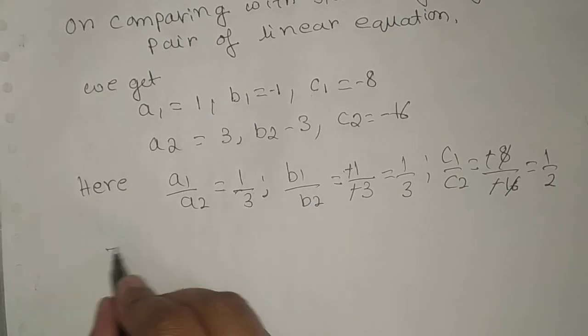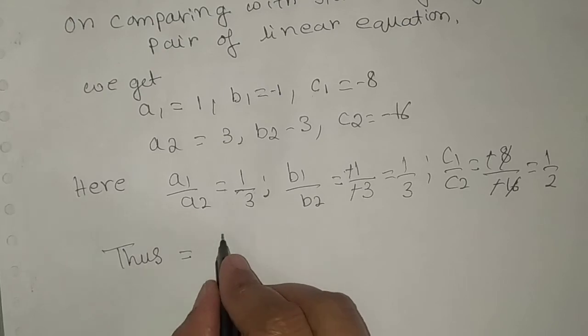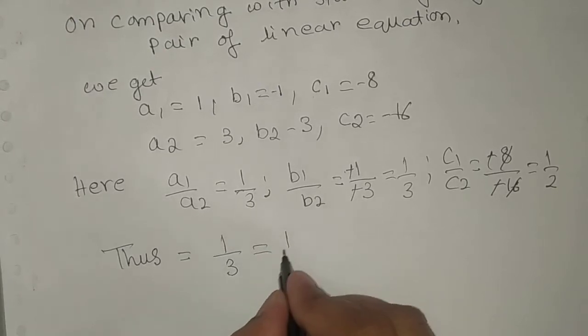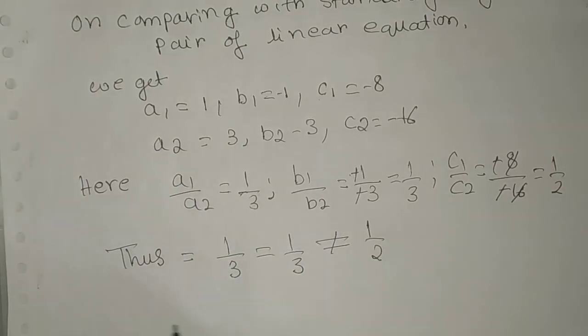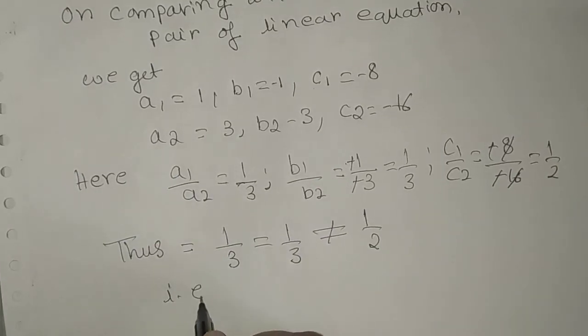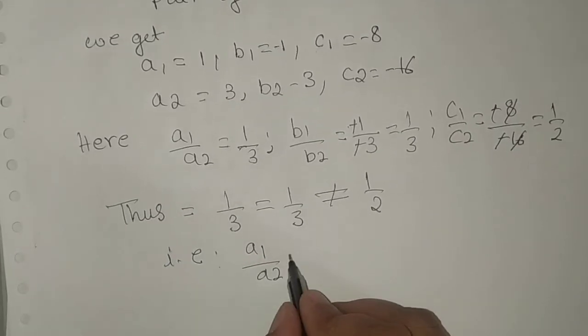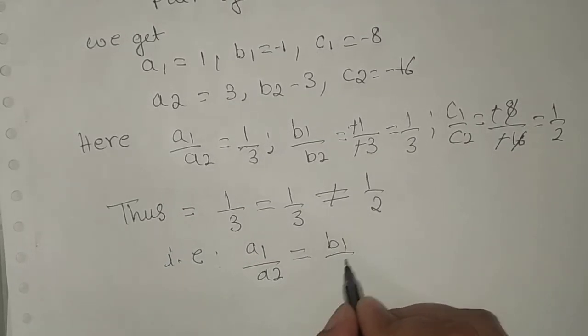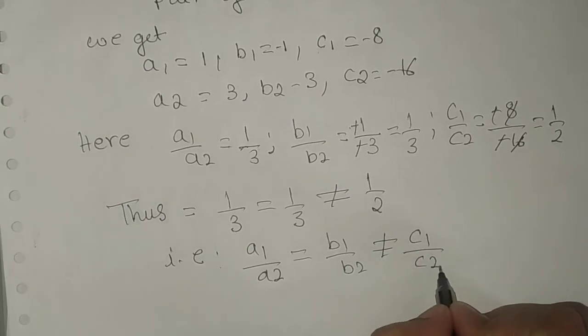So we are getting 1 by 3, 1 by 3 is not equal to 1 by 2. We can conclude A1 by A2 equals B1 by B2, which is not equal to C1 by C2.